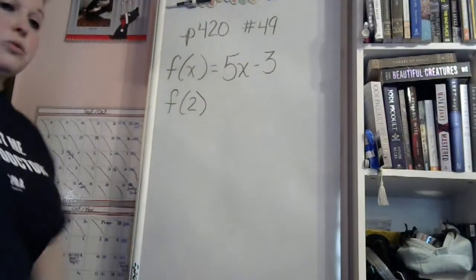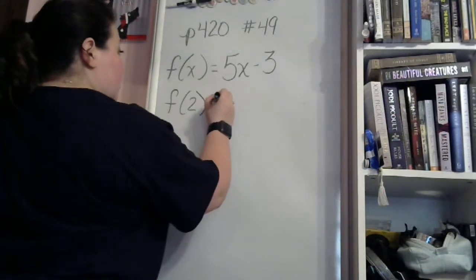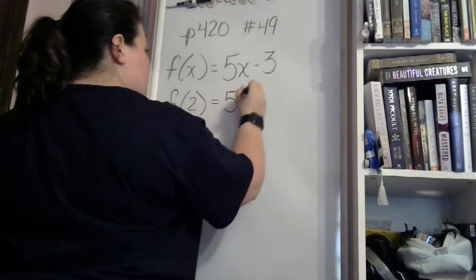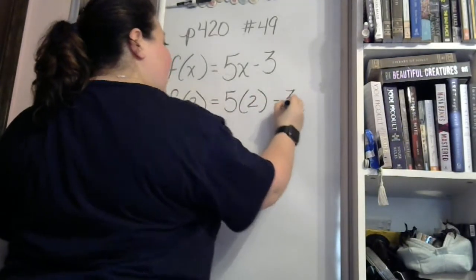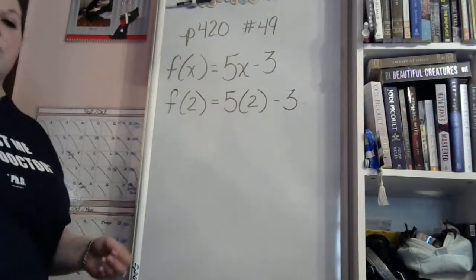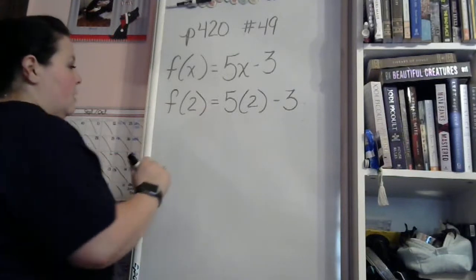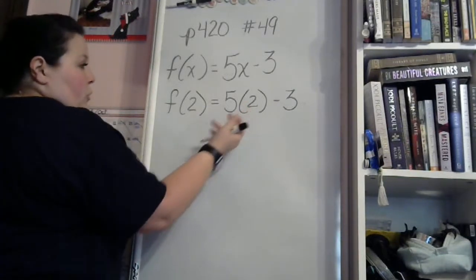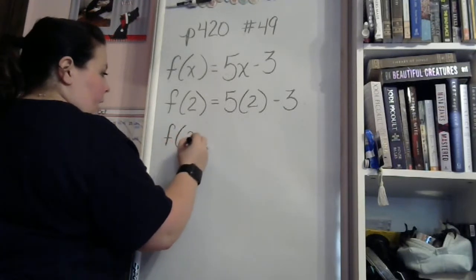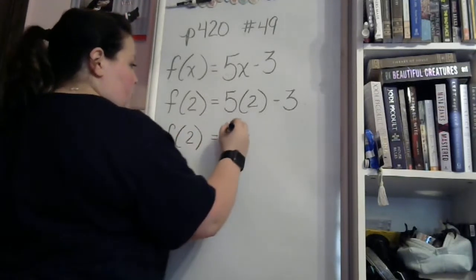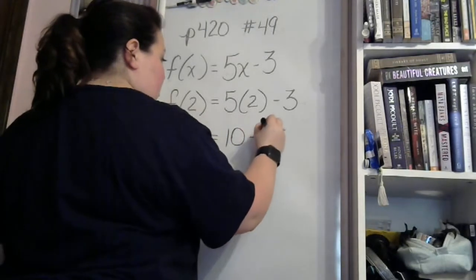So f of 2, we got to plug the 2 in where the x is. And I can almost, if I was there, I think I could feel you guys being over this already. So, when we have a number next to a set of parentheses, we multiply. So f of 2 equals 10 minus 3.